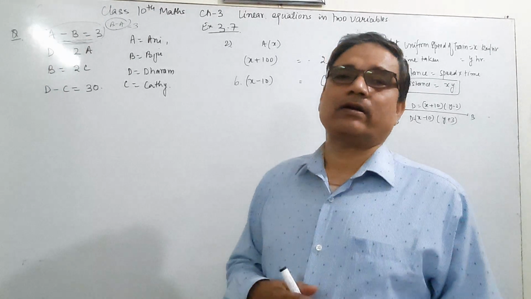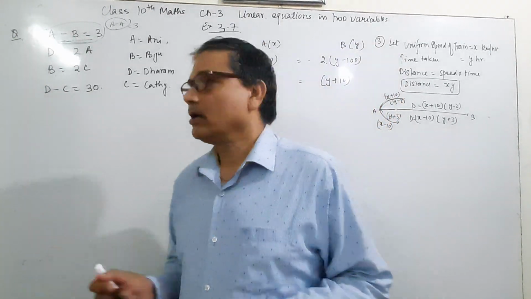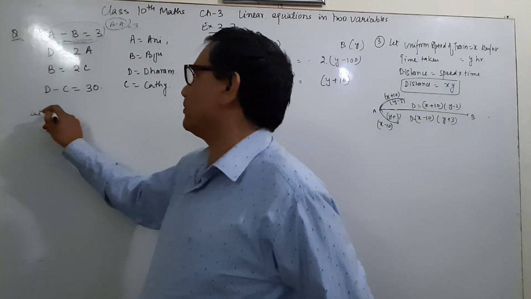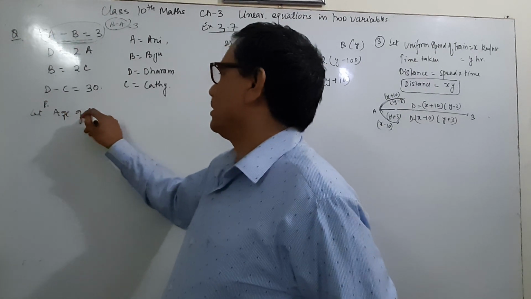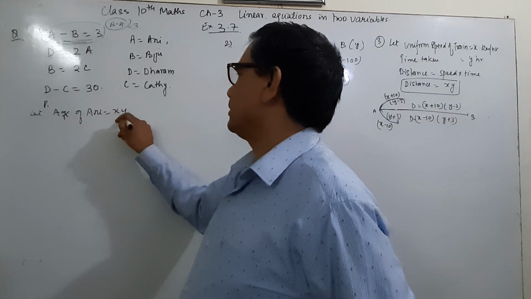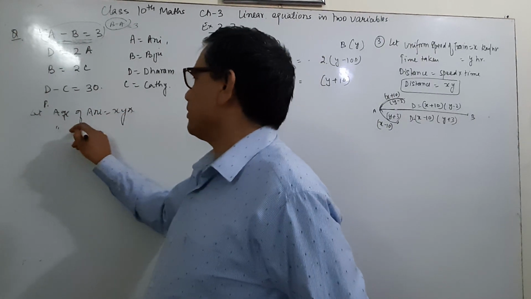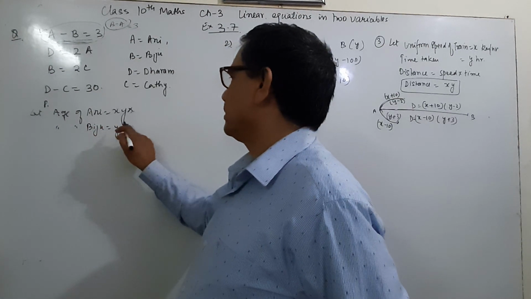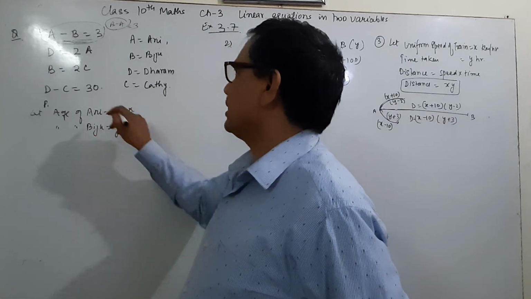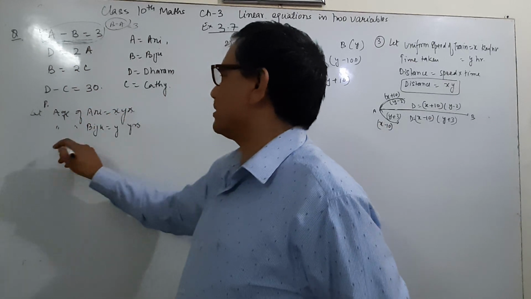So now we have to convert it into two variables. First, let the present age of Ani be X years and the present age of Biju be Y years. Now the first condition: what is A? X, according to the question.